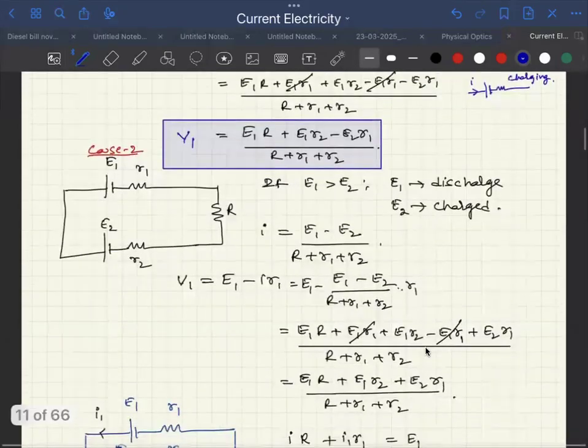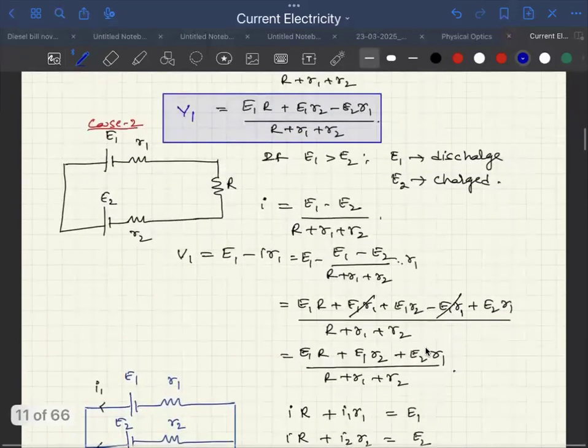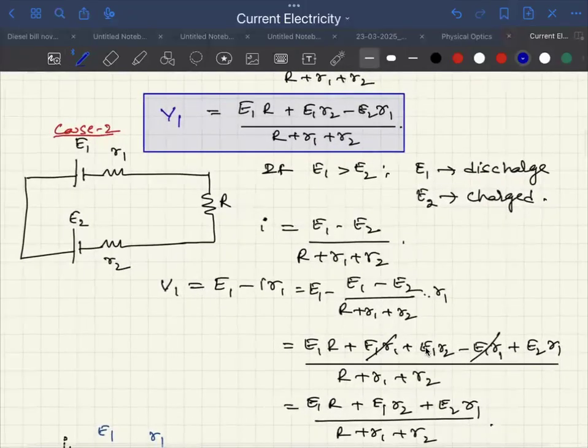Next question, case 2. I don't see any difference. Do you see any difference in case 1 and case 2? Anyone in the class? Sir, parallel? No, they are still in series.